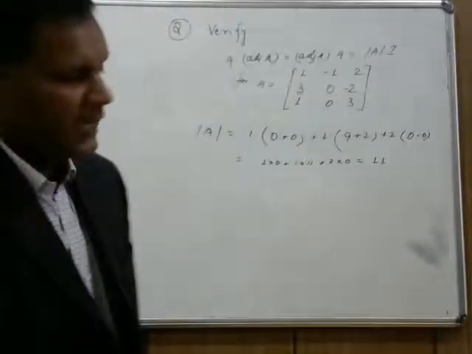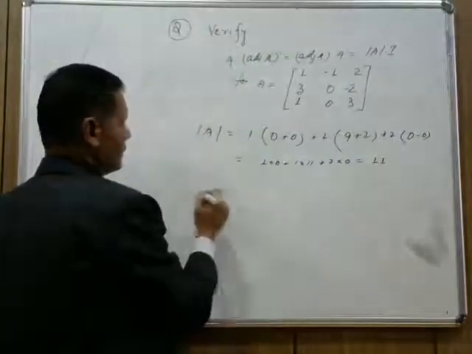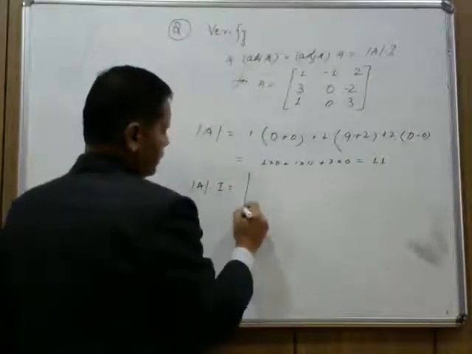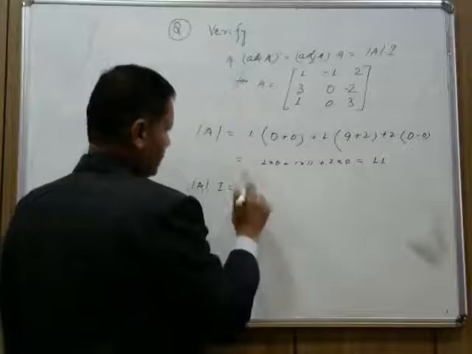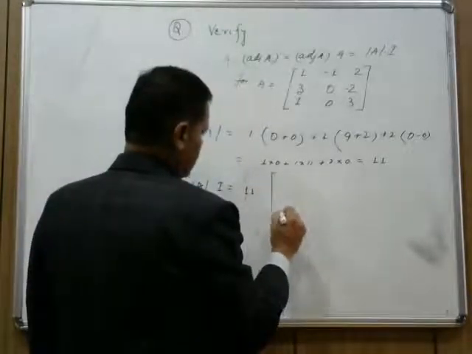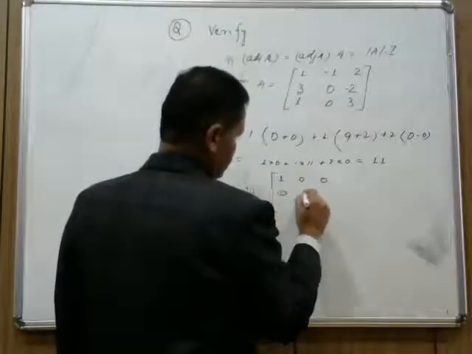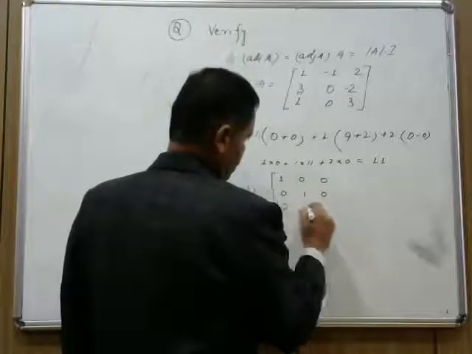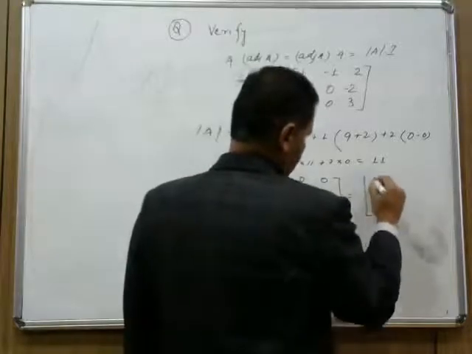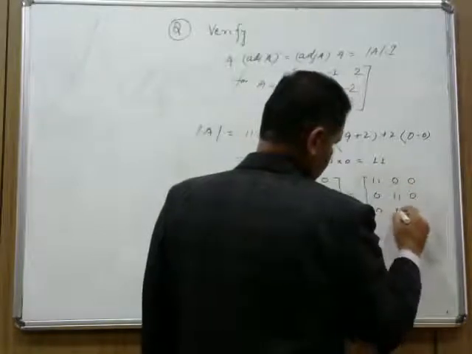Now, on the extreme right-hand side, we need determinant of A into I. We have determinant of A as 11, so 11 multiplied by the identity matrix 1 0 0, 0 1 0, 0 0 1 gives 11 0 0, 0 11 0, 0 0 11.